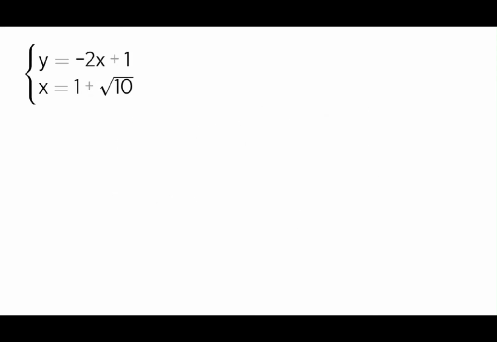After that, we're going to solve for y. So, negative 2x, positive 1. We're just going to replace x with 1 plus square root of 10. So, y equals negative 2 times 1 plus square root of 10, plus 1.